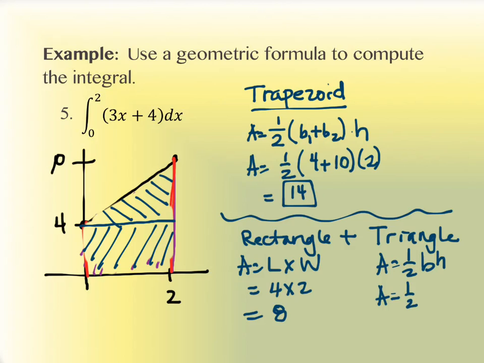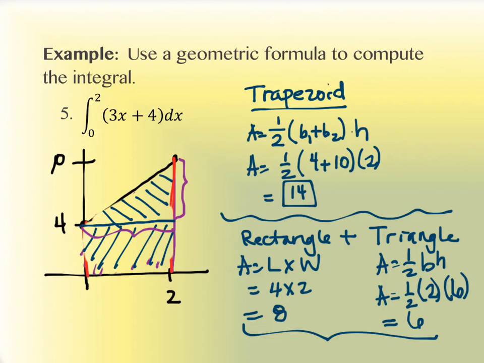The base would be this piece right here, or this piece right here, one of them. One of them is the base, one of them is the height, depending on your perspective. So what do you get for those 2 values? 2 and 6. So if you do 1/2 times 2 times 6, you get 6. And the total, combining the 8 and the 6, is the same 14 we had before.